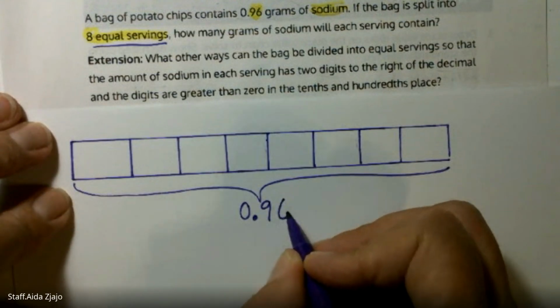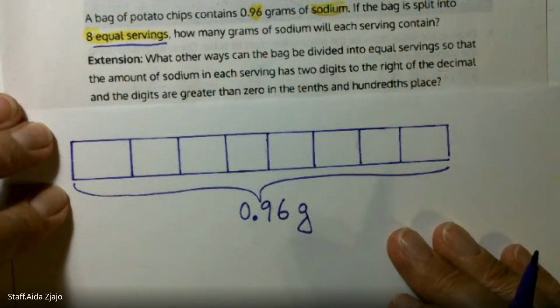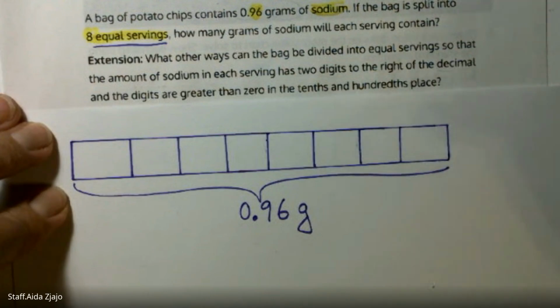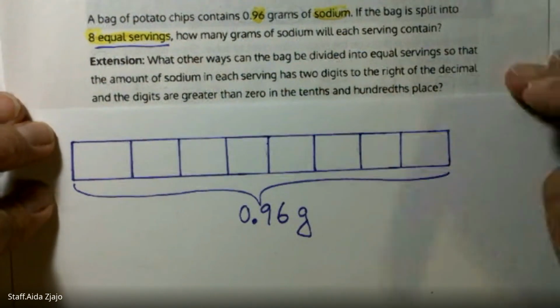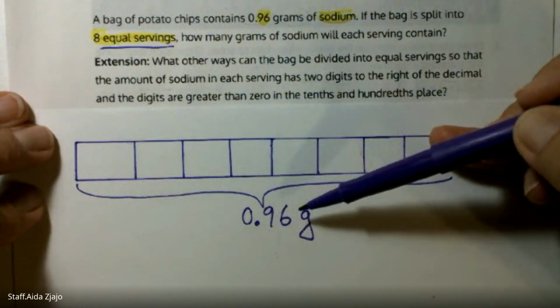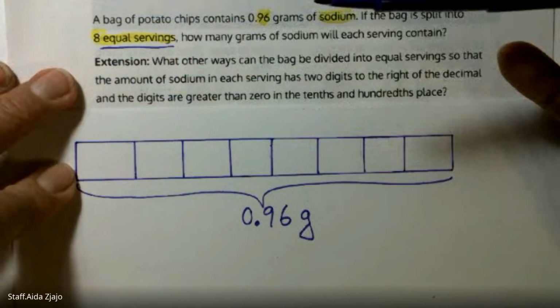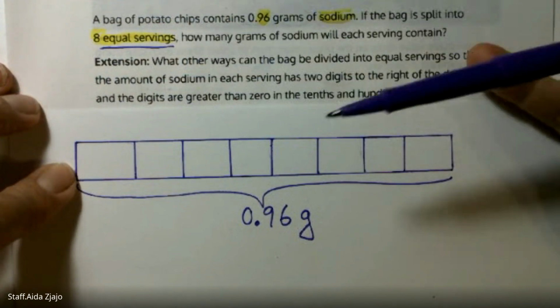Okay, 96 hundredths. So you can use division if you need to divide 0.96 grams into 8 equal servings, or we can think of equal sharing.